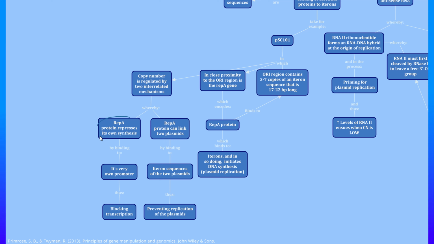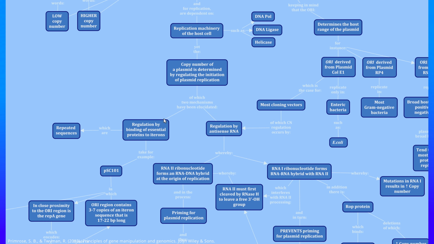So the RepA protein represses its own synthesis by binding to its very own promoter, thus blocking transcription. You have to keep this in mind. In addition, the RepA protein can link two plasmids by binding iteron sequences of two plasmids, thus preventing replication of the plasmids. So we've discussed the regulation by binding of essential proteins to iterons, which are repeated sequences.